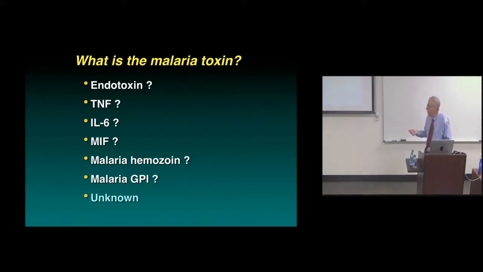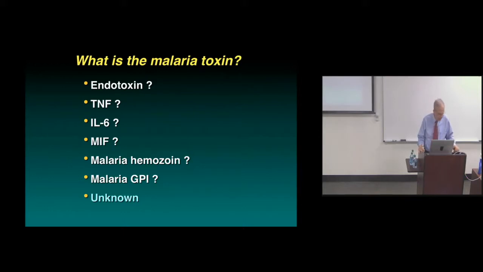Also, tumor necrosis factor, interleukin-6, macrophage migration inhibition factor, secreted by macrophages, hemozoin, so the degradation product of hemoglobin that the malaria parasite digests, the glycophosphatidylinositol that comes from the membrane of the parasites.